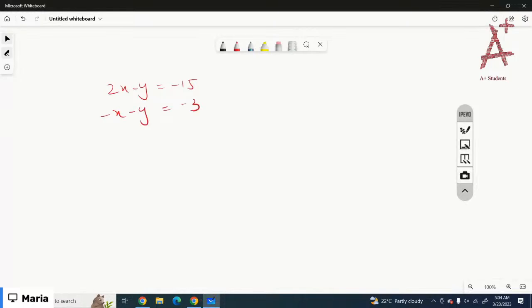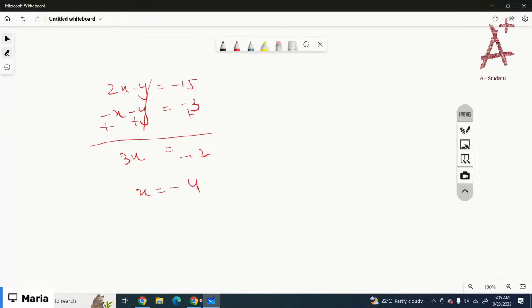So you can eliminate y by subtracting both the equations. When you are subtracting the equations, the signs change. Negative y plus y is 0. 2 plus 1 is 3x. And negative 15 plus 3 is negative 12. Divide both sides by 3, it would be x equals negative 4.